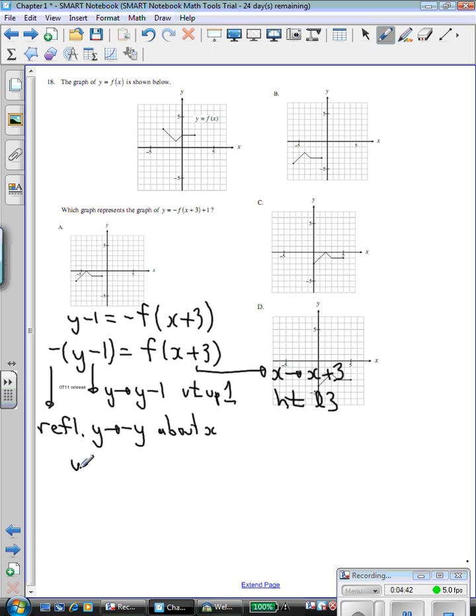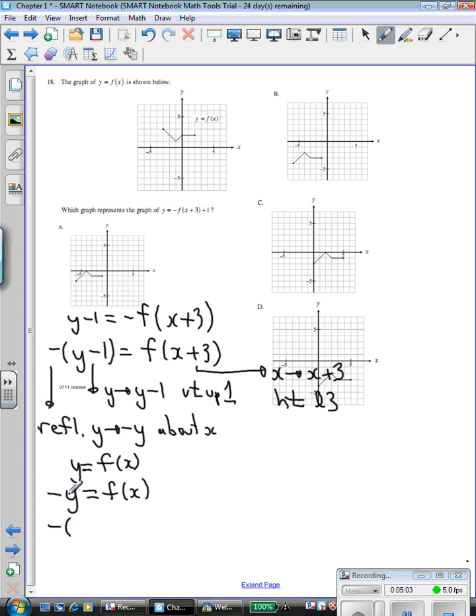Let's do these 3 transformations on our original function and see that we end up with the correct function. Start off with y equals f of x. I'm going to do the reflection first. I'll do the reflections, expansions, compressions, and then the translations. Replace y with negative y. That's my reflection. And now we can do the two translations at the same time here.